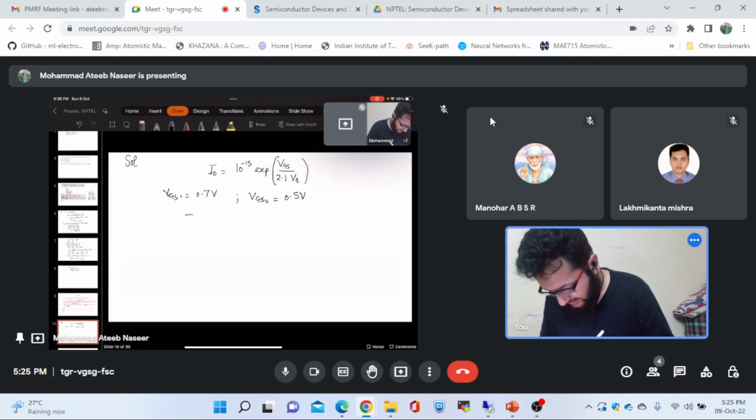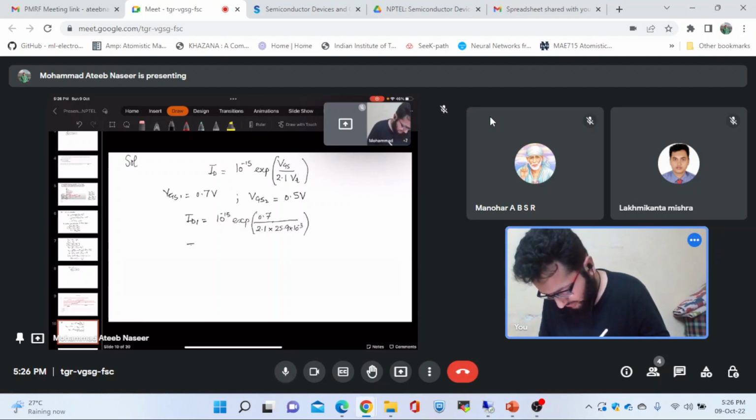Let us find the current ID1. It will simply be equal to 10 to the power of minus 15 exponential of this VGS1, which is simply 0.7, divided by 2.1 into 25.9 into 10 raised to the power minus 3.